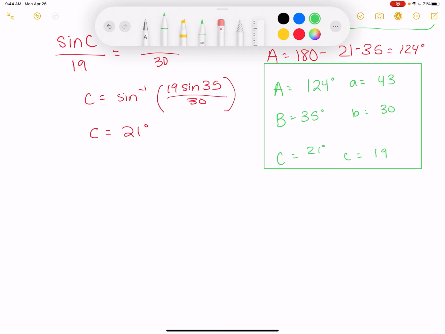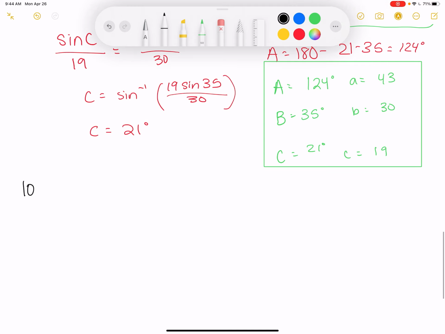Let's see. About number 10. A is 1, B is 5, C is 8. Okay, so this is a side, side, side case. So what should I do first?